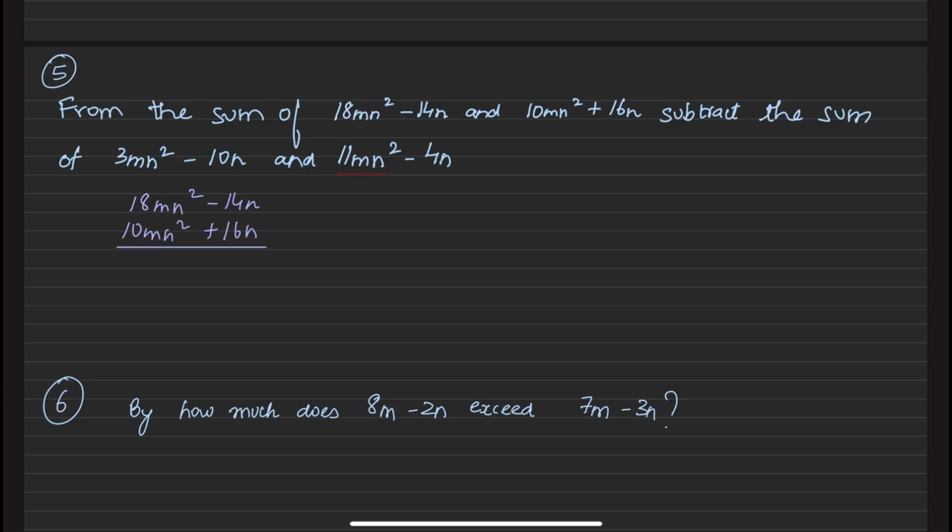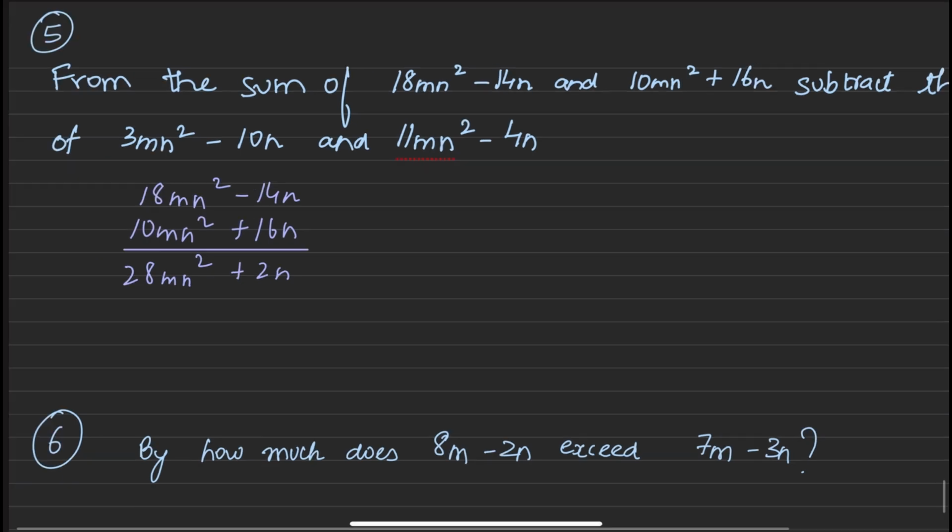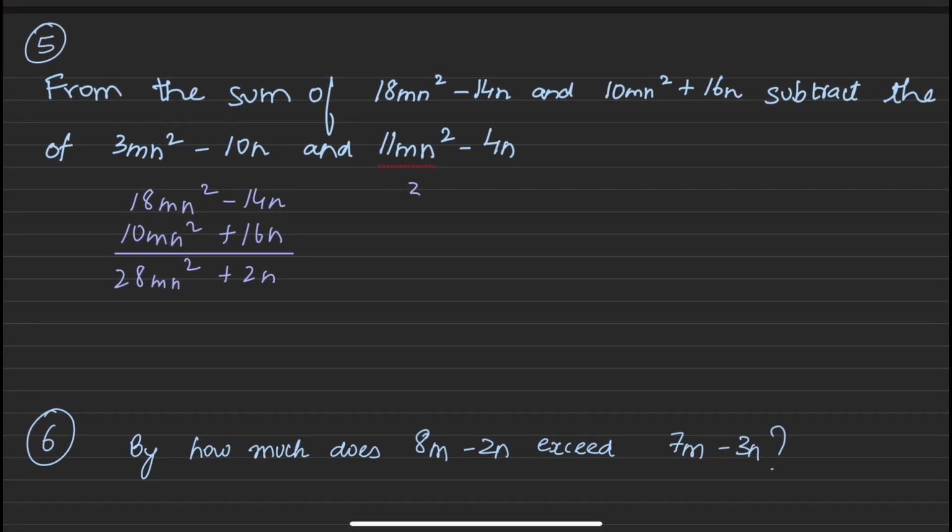Sum, okay? So don't sit and change the signs over here. The second sum is 3mn square minus 10n and 11mn square minus 4n. No changing signs. We are finding the sum.